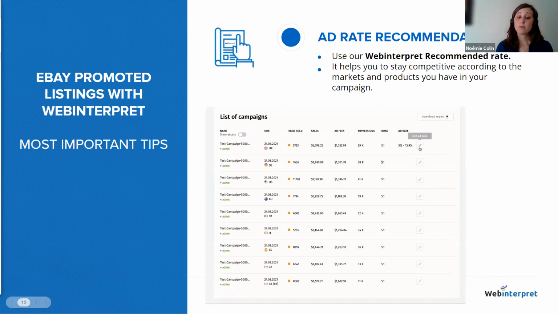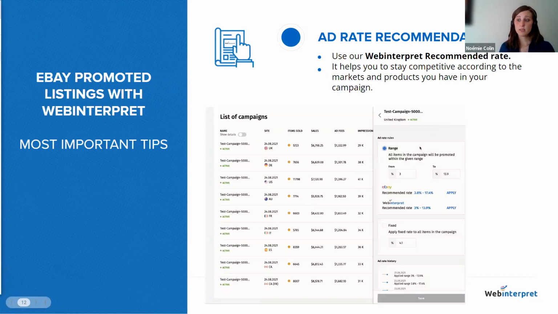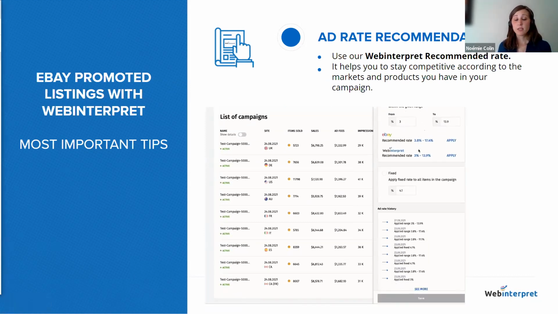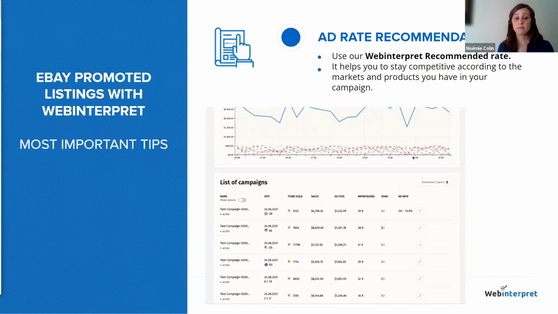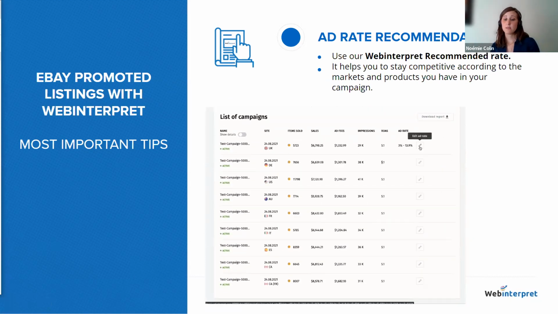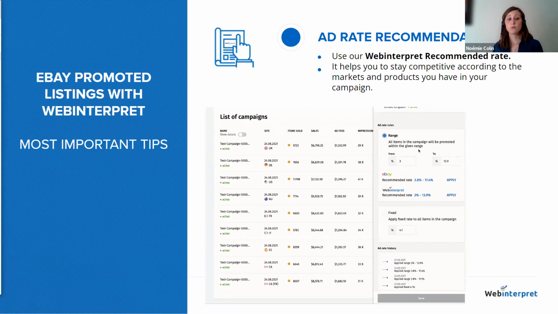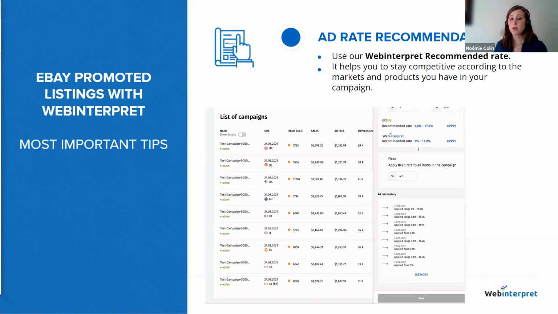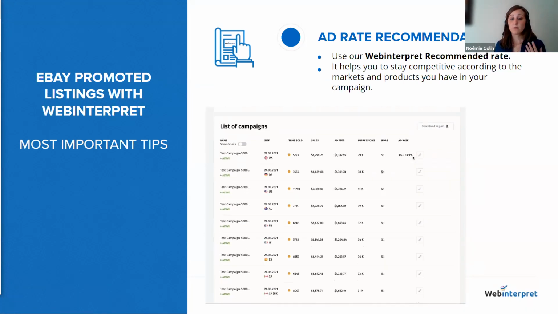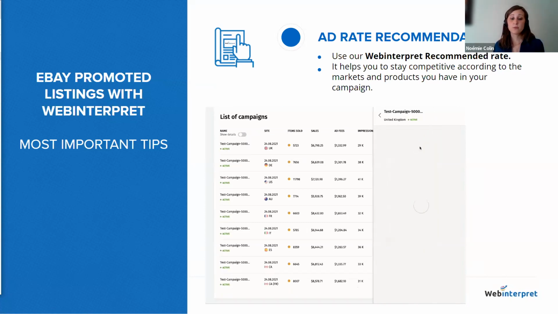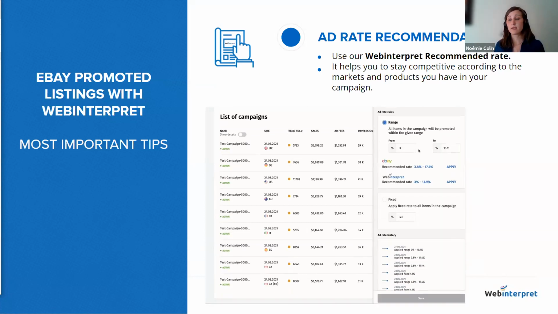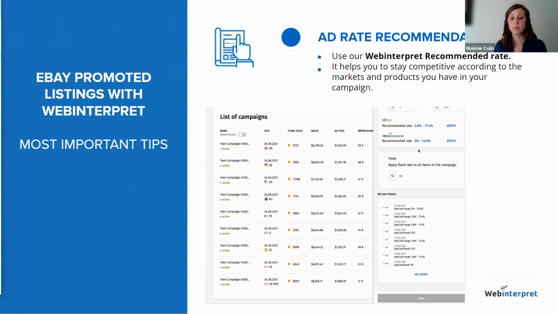The second one, which is really key for promoted listings standard, is the ad rate. It's the key to your success on promoted listings. It defines how you will be competing against others. So how do you make the best choice in order not to spend too much money on advertising and still be successful?